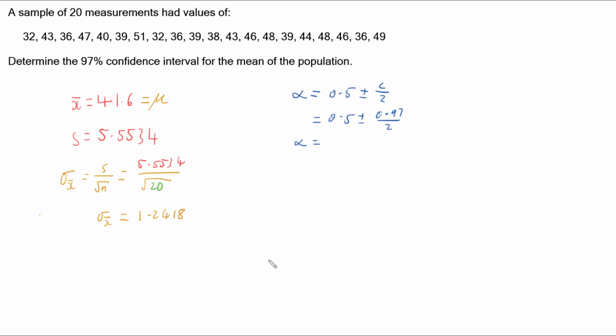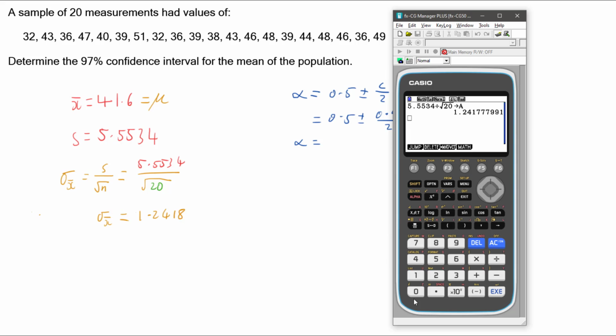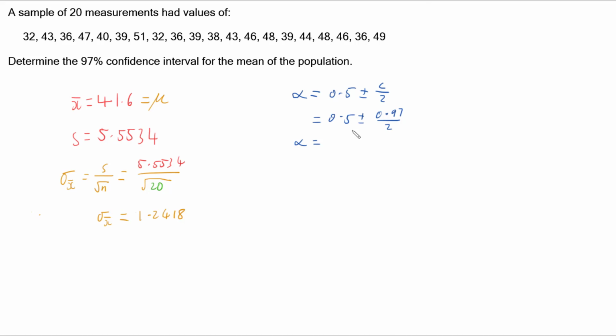I'm just going to do the plus version of that to put into our calculator. So 0.5 plus 0.97 divided by 2, 0.985. So our proportion is 0.985.